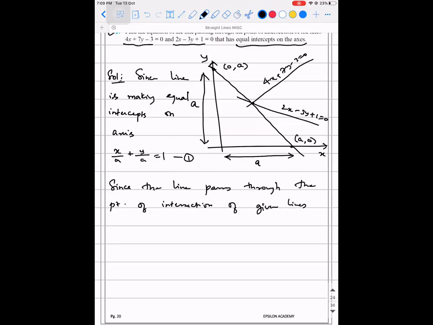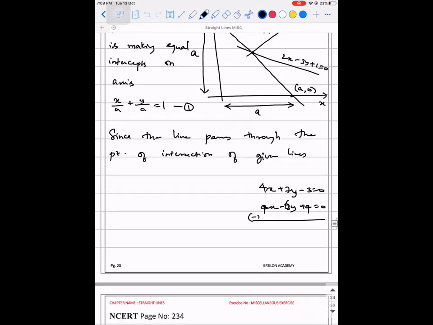So what is the point of intersection of given lines? So it is 4x plus 7y minus 3 equal to 0 and 2x minus 3y plus 1 is equal to 0. So it will be 4x plus 6y plus 4 is equal to 0. So you subtract both. So it will get cancelled. 13y minus 7 is 0. So y will be 7 by 13.